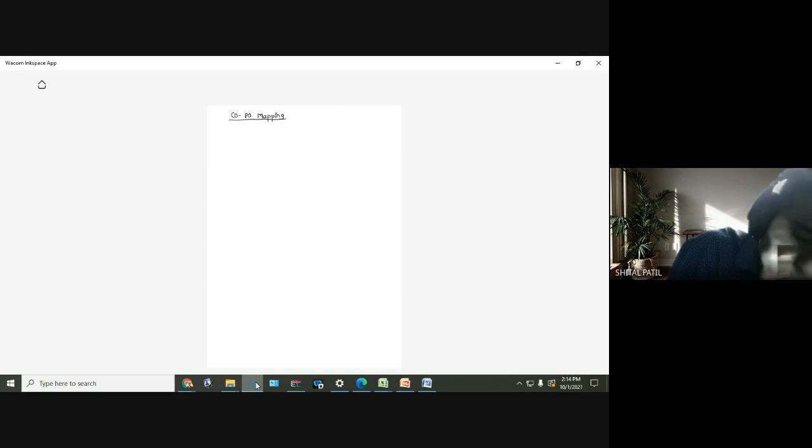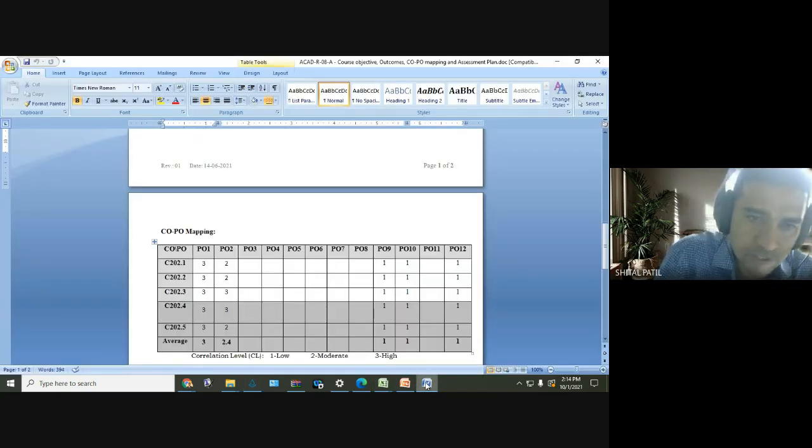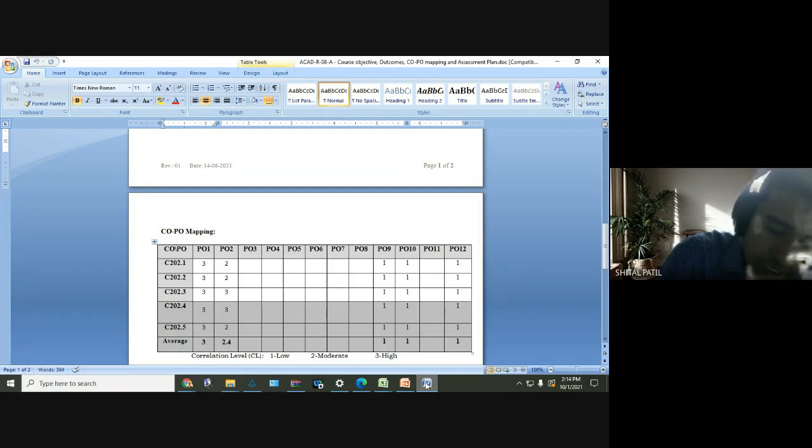Whatever CO we defined on the previous page is mapped to PO1. Three levels are there: one is the lowest level and three is the highest level. So it is mapped to PO1 at level 3, PO2 at level 3, PO9 at level 1, PO10 at level 1, and PO12 at level 1.